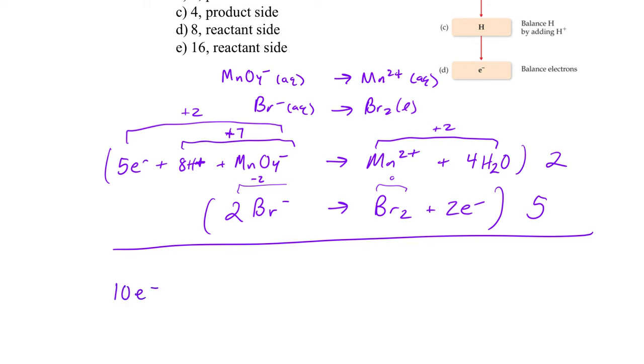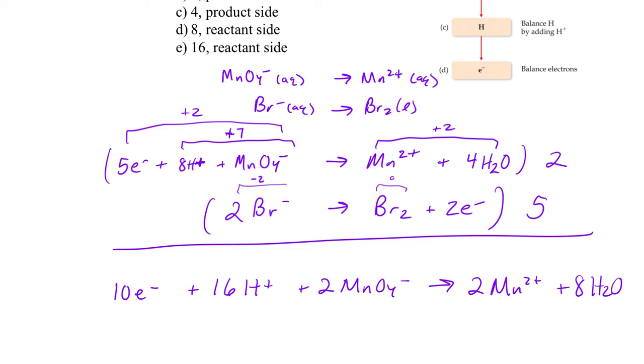We have 10 electrons plus 16H+ plus 2MnO4- forms 2Mn2+ plus 8H2O. For the bromine, we're going to have 10 Br-, forming 5 Br2 plus 10 electrons.